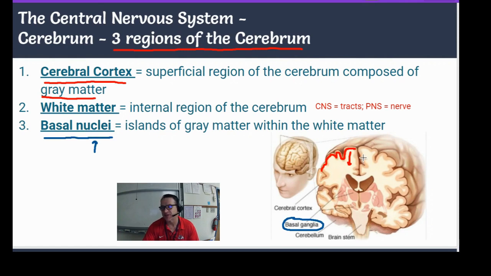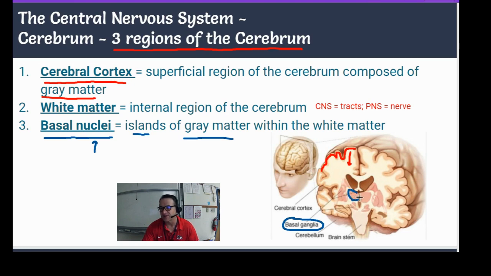All right, so once again, we have the thin layer of gray matter making up the cerebral cortex, made up of mostly neuron cell bodies. Then we have the white matter located deep to that, made of mostly myelinated axons. And then within, there's islands of gray matter. So these are clusters of cell bodies, once again, located deep within the white matter. So like right here, this is the thalamus.